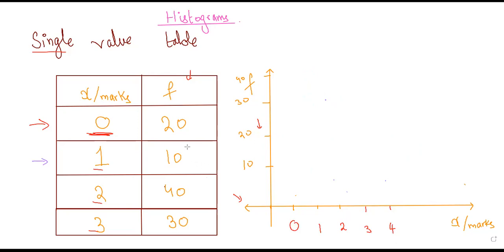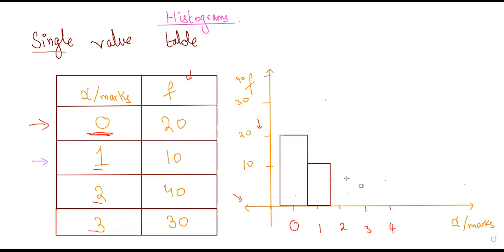So for 0, the frequency is 20. So it would be something of this type, right? 0 should be right in the middle. Now for 1, the frequency should be 10. So 1 should be right in the middle of the width of the bar.